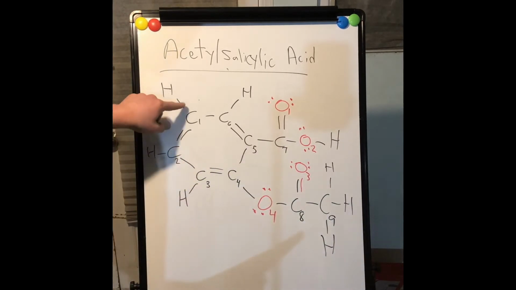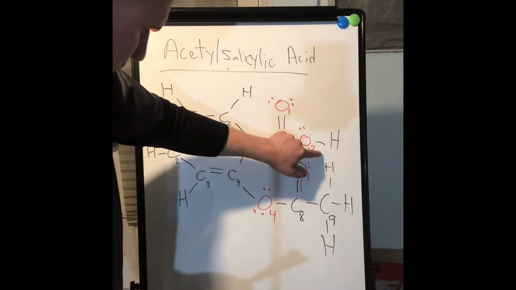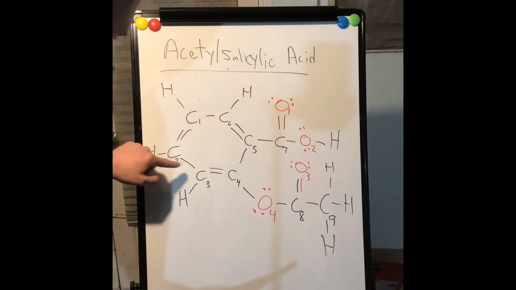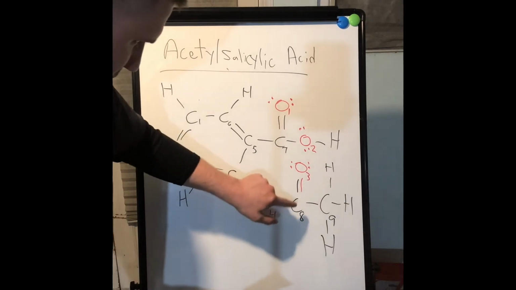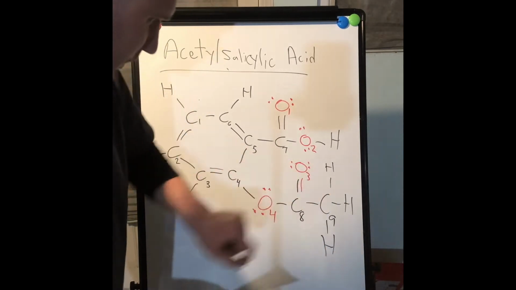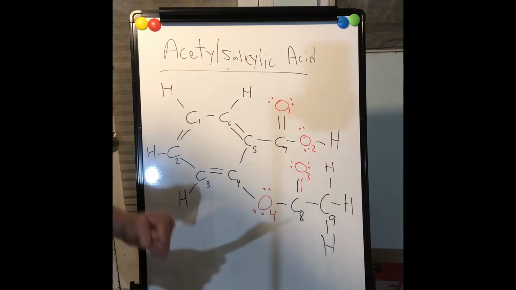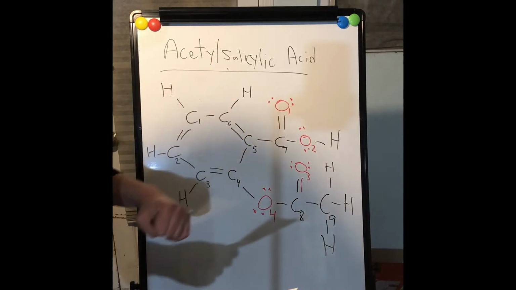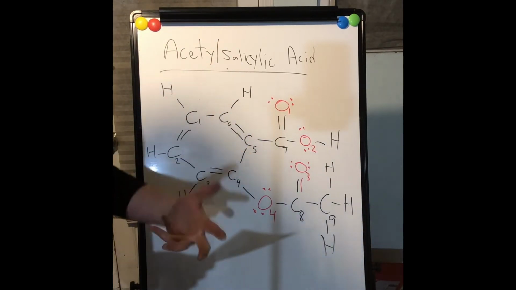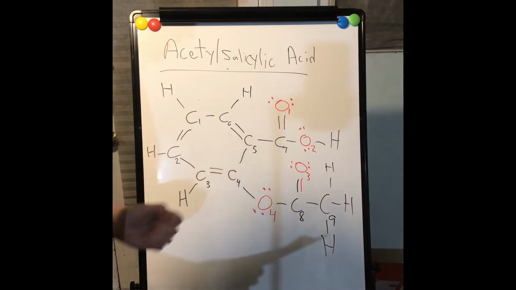And we can count all the single ones: 1, 2, 3, 4, 5, 6, 7, 8, 9, 10, 11, 12, 13, 14, 15, 16. So that's 16 single bonds. But 16 plus 5 is 21. So we have 21 sigma bonds, 5 pi bonds.